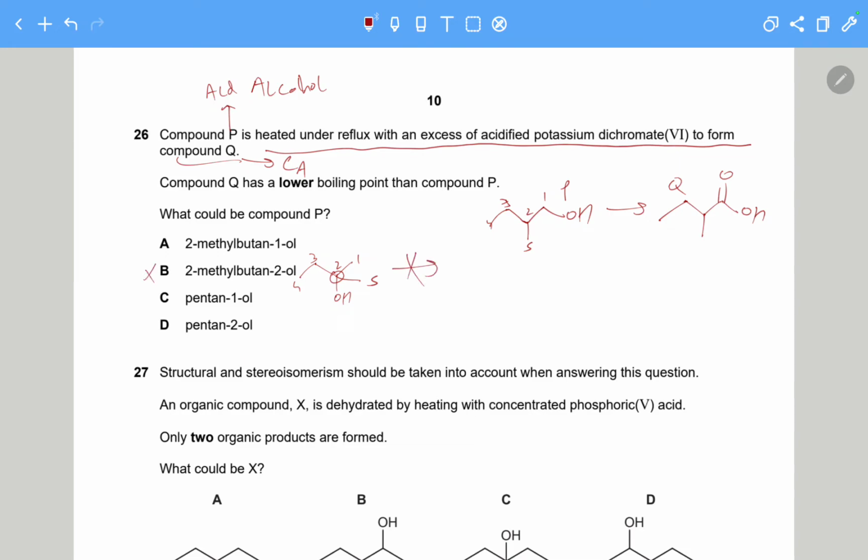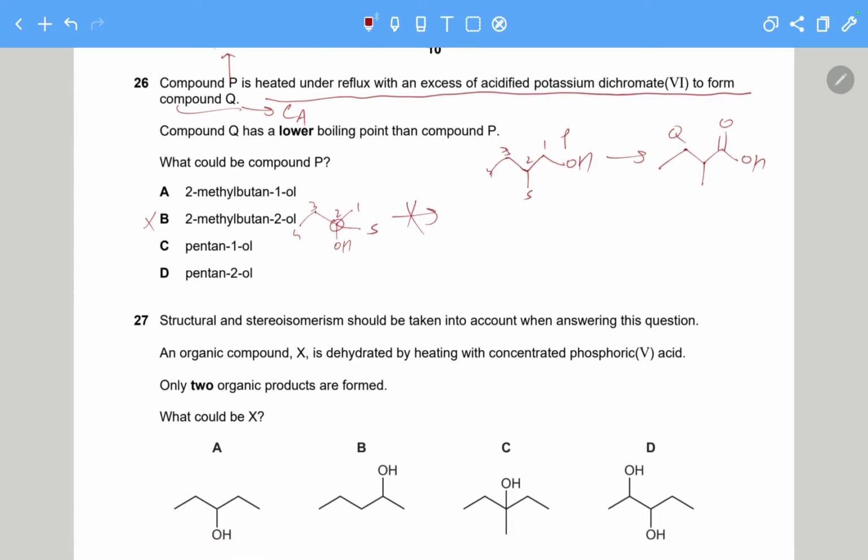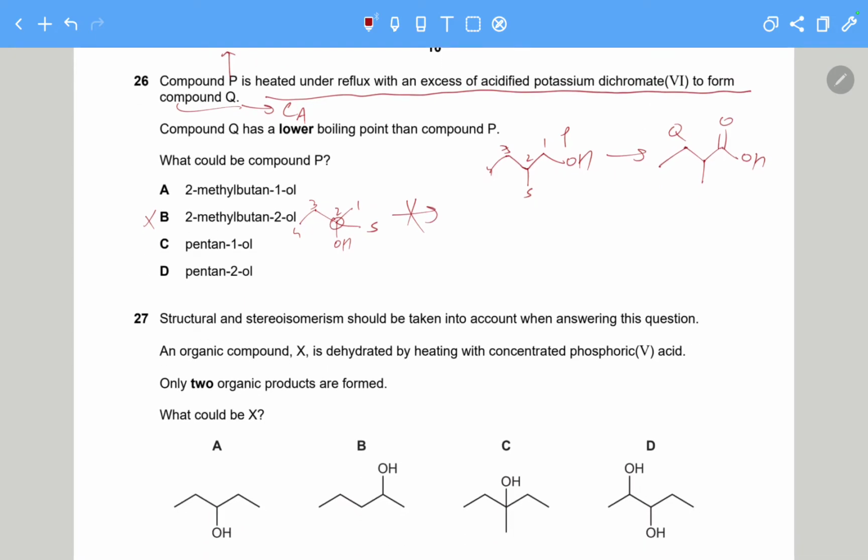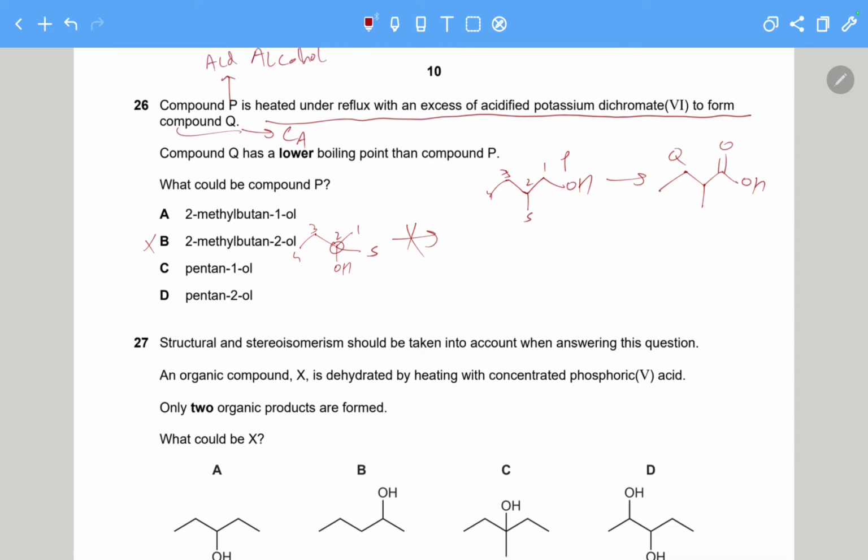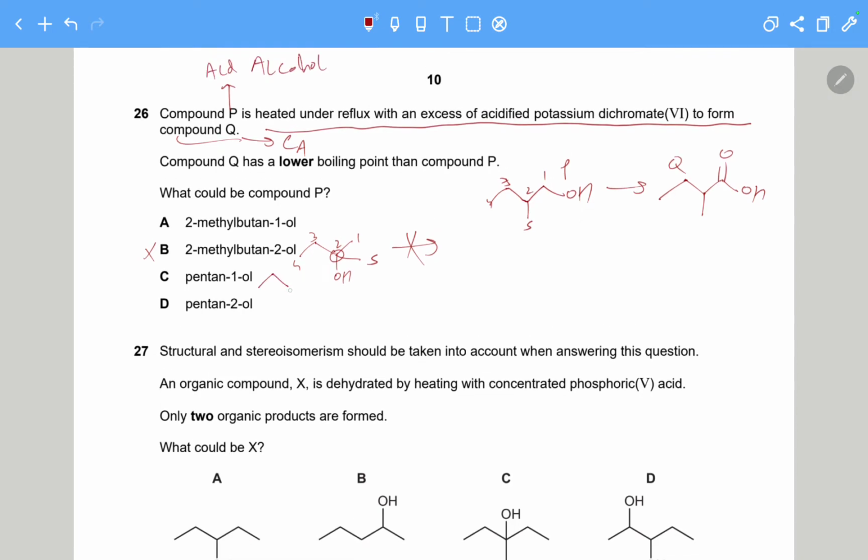And then the next one is pentanol, so that's CH3, CH2, CH2, CH2, OH.